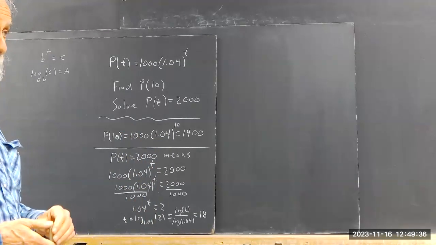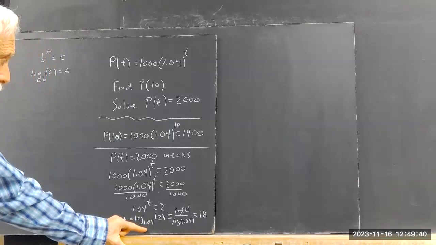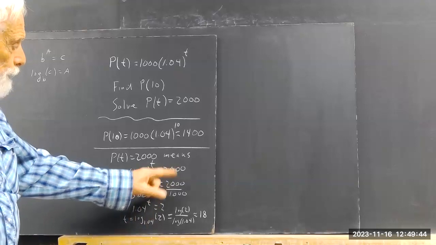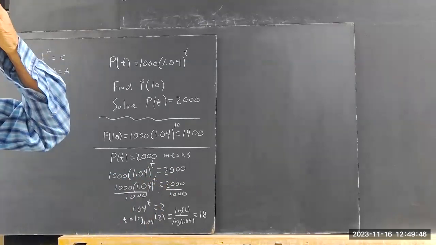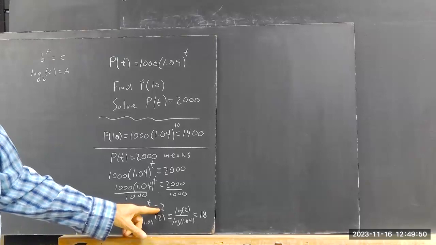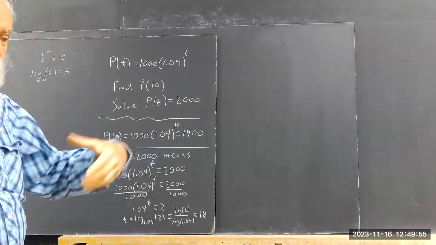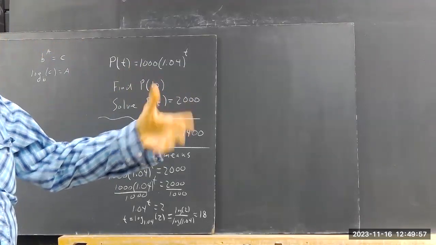Okay. Now, what's this tell you? Well, 2000 is twice as big as 1000, right? Among other things, that's how we got the 2 here. And what's happened to your money? If you start with 1000, you get 2000, it's doubled, right?